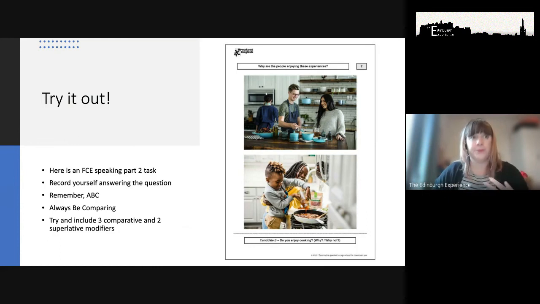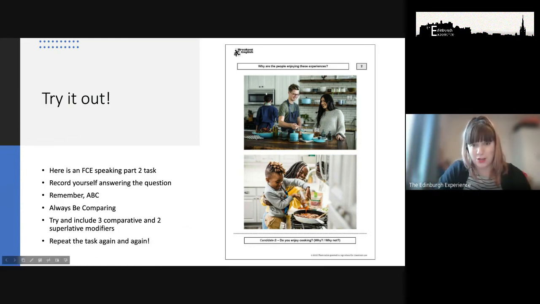Mix it up there. And the first time you do it, it'll probably be really bad. That's absolutely fine. So repeat it and keep repeating it and keep repeating it. And that's just a great way that you're going to assimilate the new language and you're going to learn it too. Task repetition is such a fantastic thing to do to help learn language and also improve your skills. Okay?